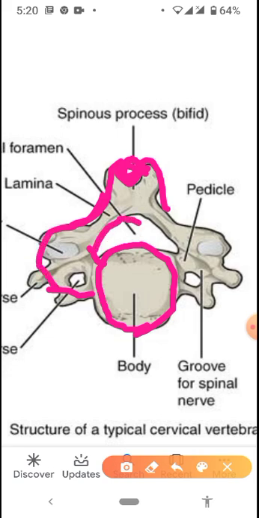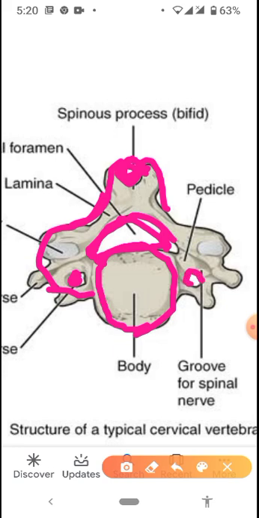And the important thing is this one. This is the foramen for the spinal cord. The spinal cord is moving through this foramen, which is called the vertebral foramen. And you can see this foramen and this foramen.